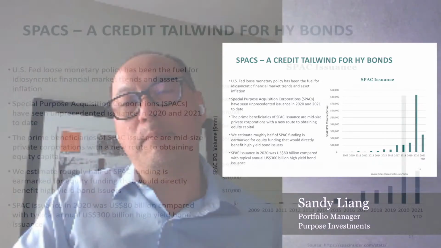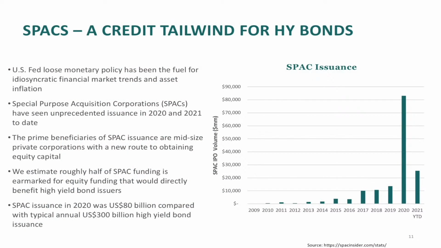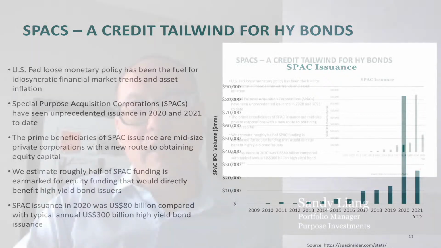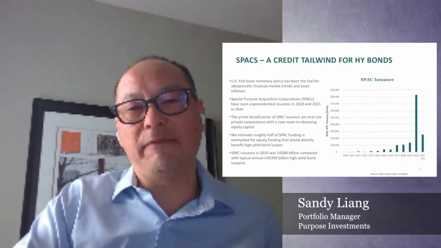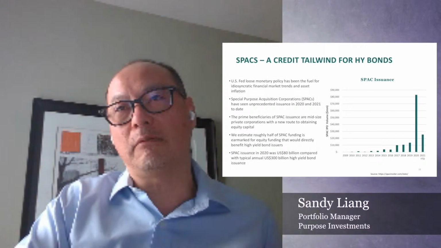And what that means is that there are a lot of unintended consequences in terms of the asset classes that benefit. SPACs are really a byproduct of all the free money around from the Fed, and they're going and buying a lot of private companies. Given that the high yield market is full of private companies, if you're a lender to the high yield market, you're a beneficiary because there's a lot of equity capital around.